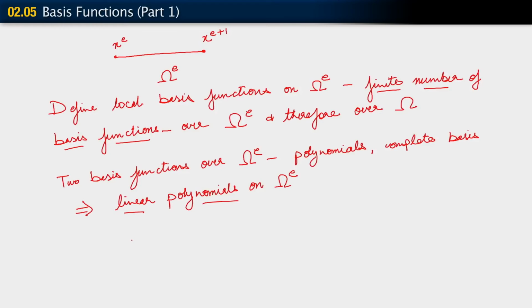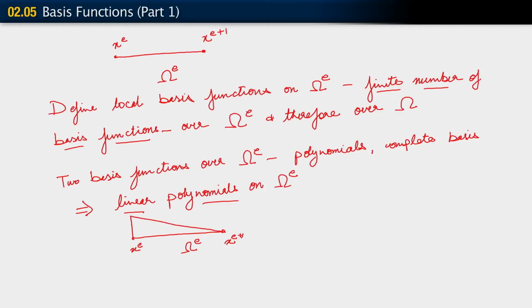So the way this works is as follows. Graphically, this is what we will do. We have omega e, and I'm going to write the nodal coordinates here. Our basis functions are the following. They're linears, right?